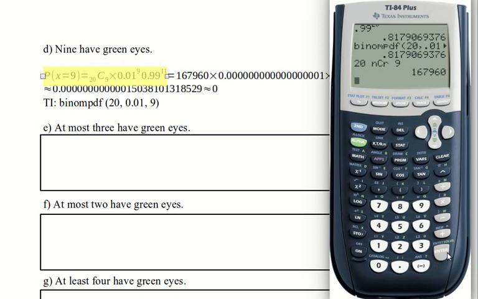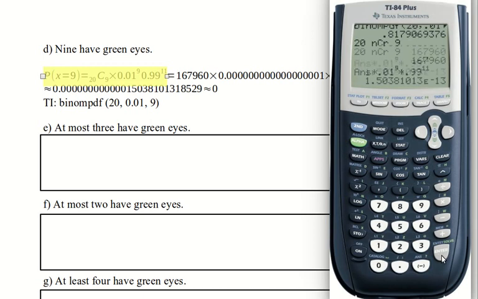So that looks like it happens 167,000, almost 168,000 different ways. I'm now going to multiply that by 0.01 to the 9th power. I need to get out of the exponent, so I'm going to arrow to the right. I'm going to multiply that by 0.99 to the 11th power and press enter.